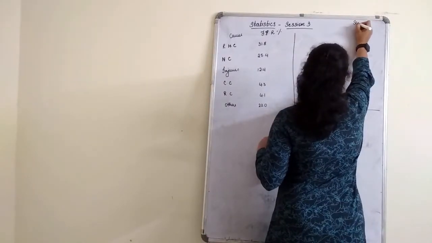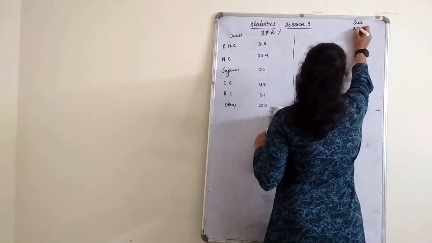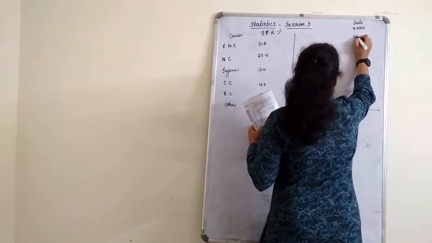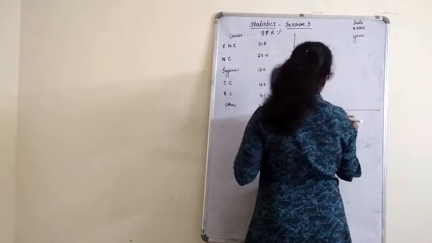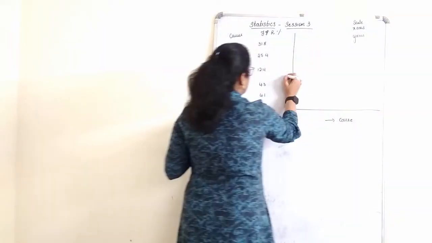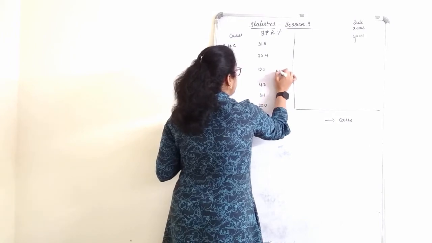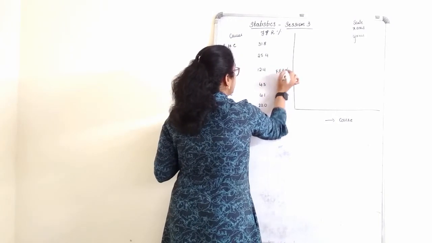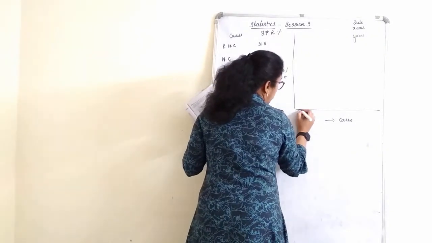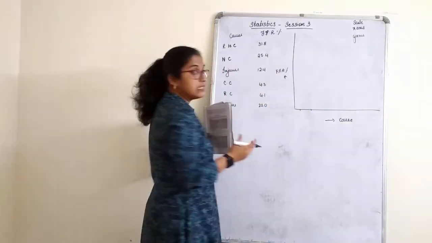So choose your scale for the x-axis and y-axis separately. Here on the x-axis you write the causes, and here you write female fertility rate in percentage. Each column or box represents each cause.